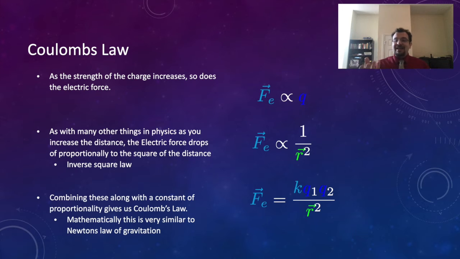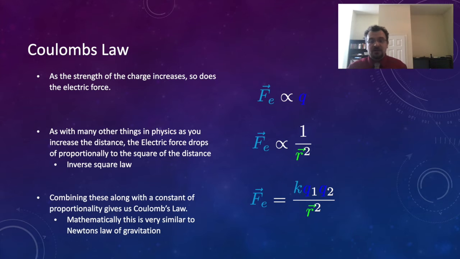Well, a negative times a positive gives you a negative. So that means that electric force is going to be opposite the direction of the radius, or in. And if you've got two positives, that's going to give you a positive answer. So that's going to then make that force be positive, so it's going to be in the same direction as the radius.